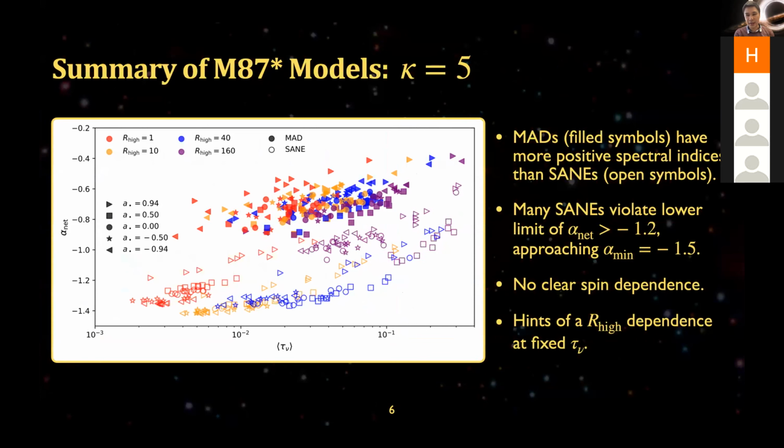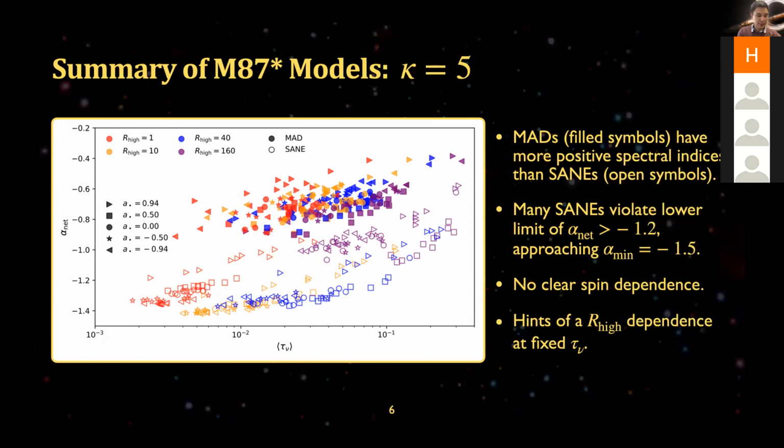Here we're looking at the kappa of 5 ones. In this plot, I'm showing as a function of optical depth, the unresolved spectral index, where we thought initially that all we would find is just perhaps a 1-to-1 correlation between optical depth and the spectral index. But you can see that this is not the case. Many different dimensions are represented here.